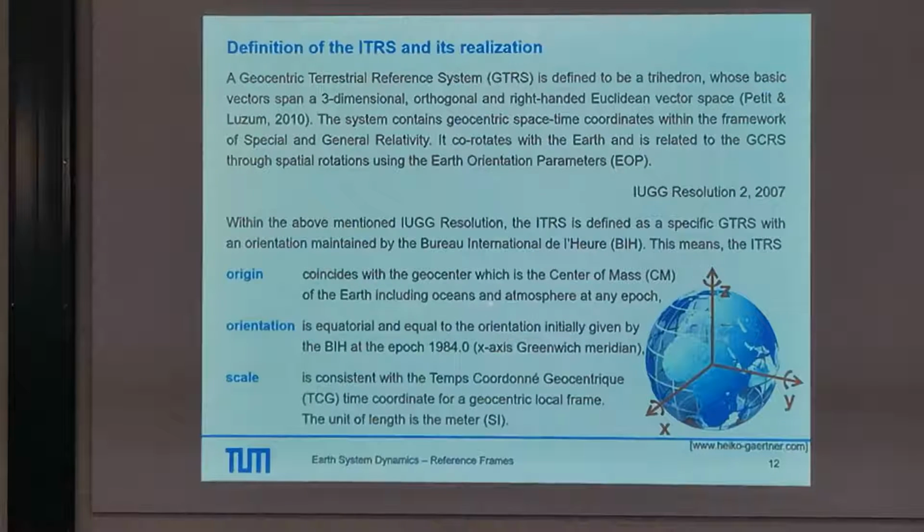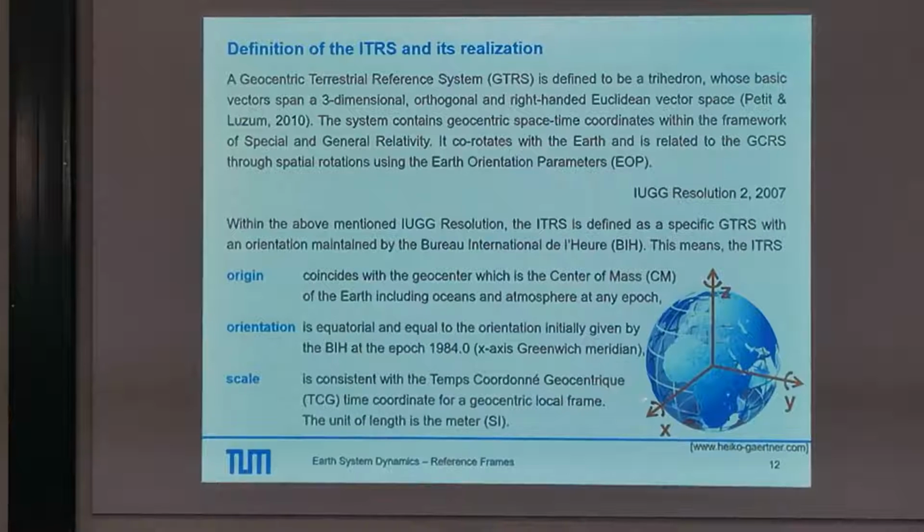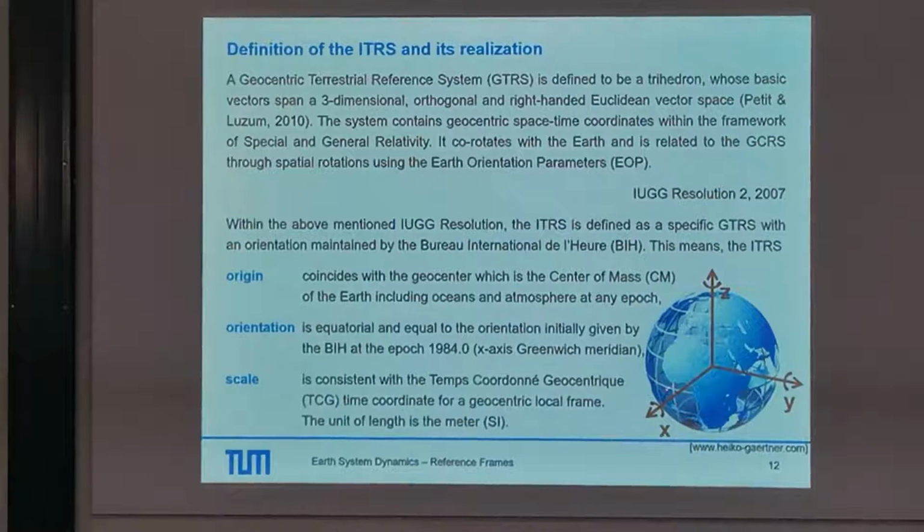The orientation is initially given by the BIH at the epoch 1984.0, which defines the x-axis going through the Greenwich meridian. This means that the piercing point of the x-axis on the Earth's crust is at longitude equal to 0, which means the meridian going through Greenwich. It's slightly wrong here. This axis should be 0.2.